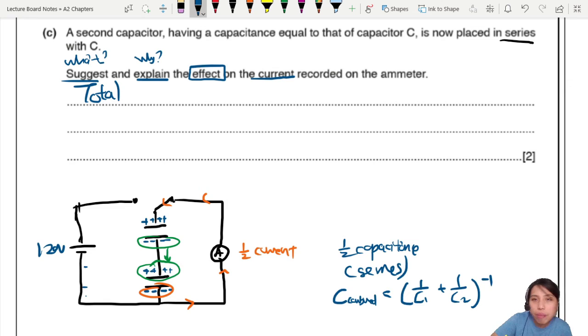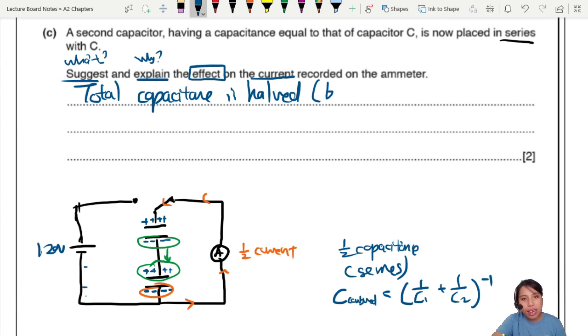Capacitance is how much you can store at a certain potential. So total capacitance is halved. And you can say there is less total charge, less total charge passing the ammeter.